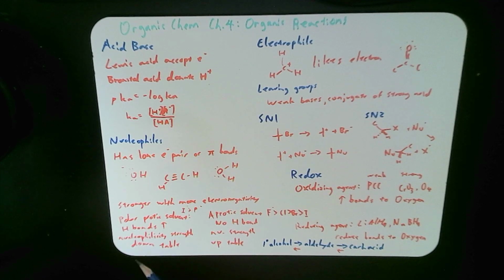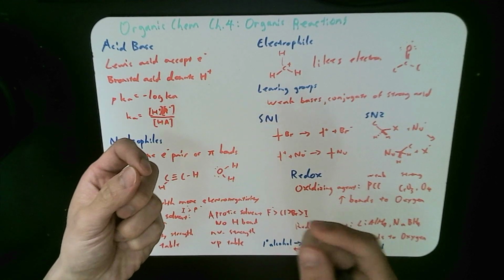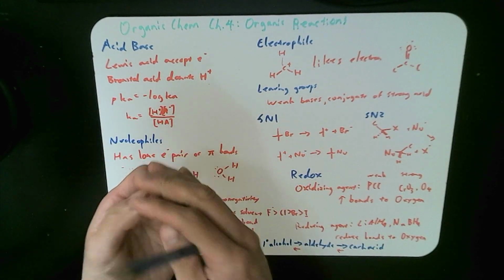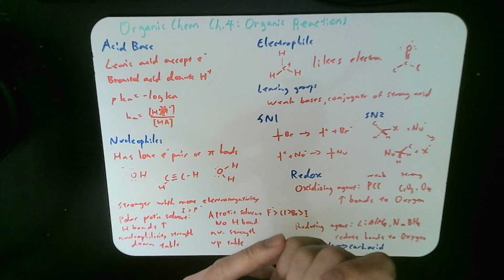However, on the periodic table, if there are hydrogen bonds within the solvent, such as H2O or carboxylic acid, then they donate the protons to certain bases in these nucleophiles and make them decrease in strength the more electronegative they are, because if they're very electronegative, the extra protons bond to them and prevent them from being active nucleophiles.